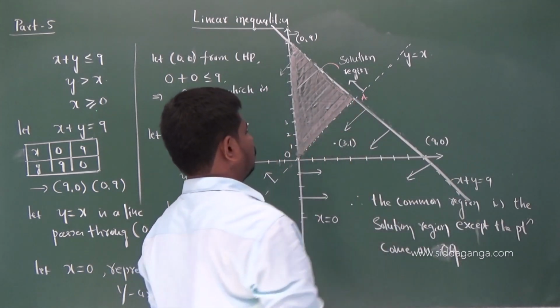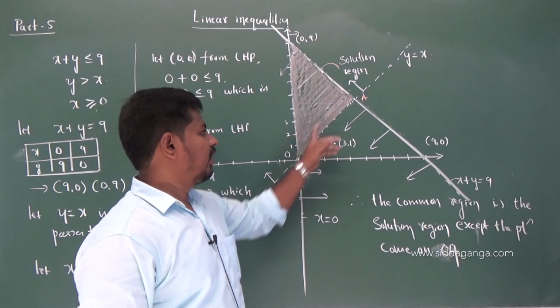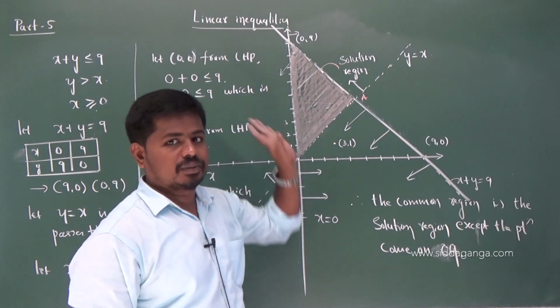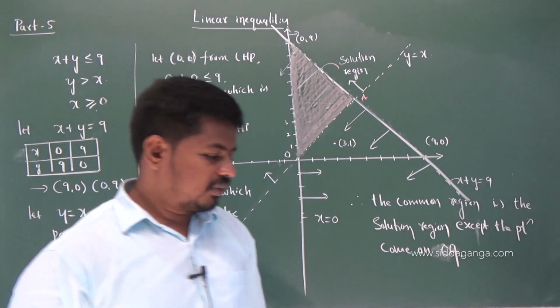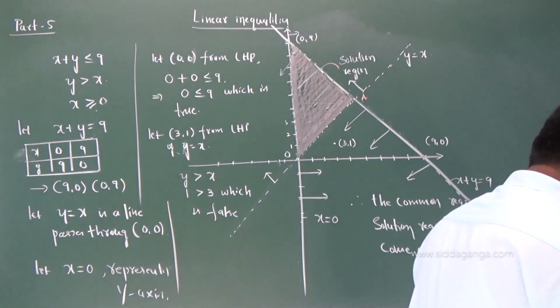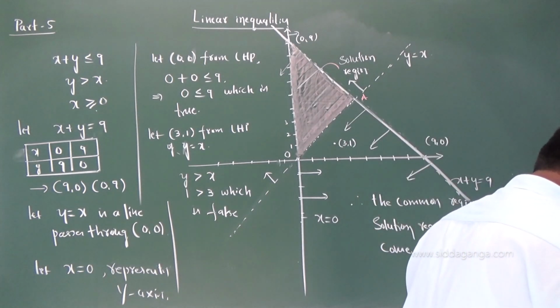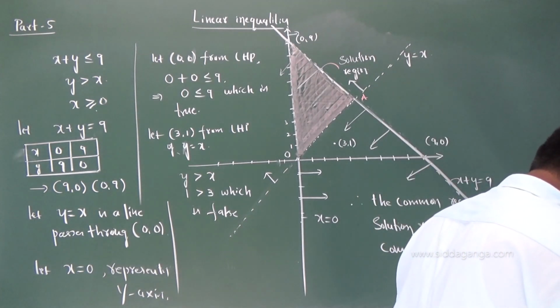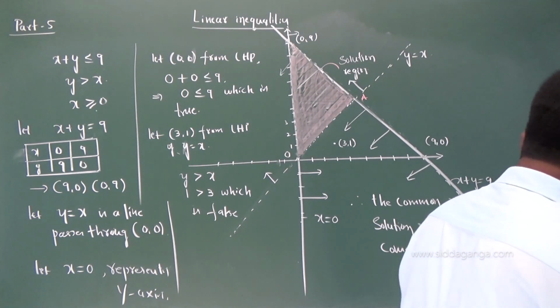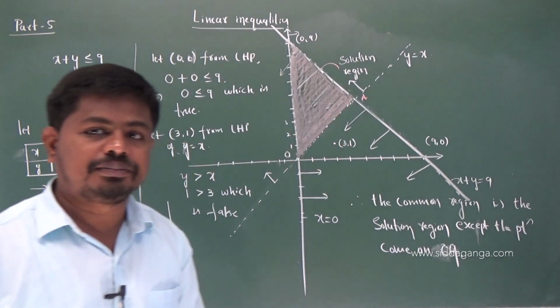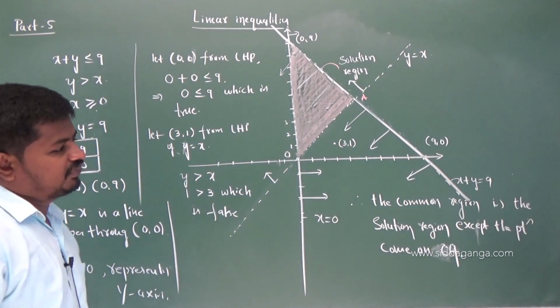So this is a dotted line. The points that come on this line OA do not belong to the solution region. That's it. This is how you solve the 8th question. Hope you're all following, right? It's very simple way of getting 5 marks.